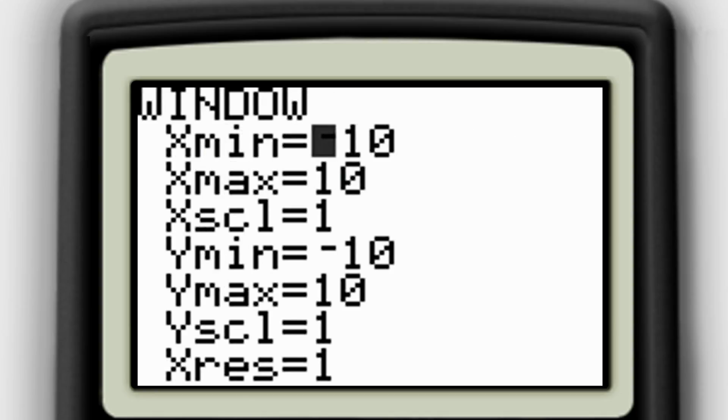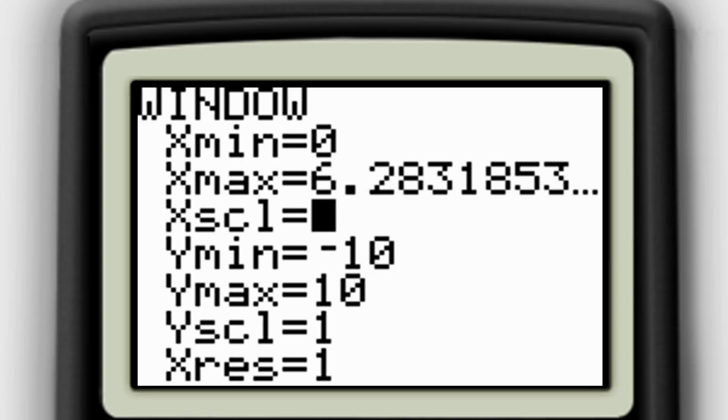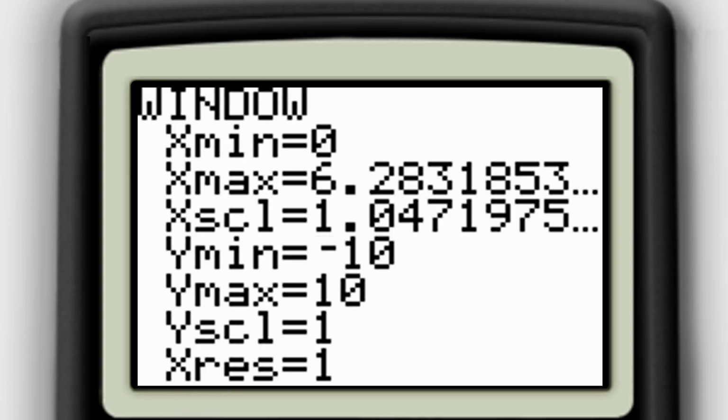We're essentially trying to look for solutions on the interval from 0 to 2 pi, so we'll take x min from 0 to x max 2 times pi. For the x scale, let's take pi over 3, so on our x-axis, we'll count in increments of pi over 3. And y min will go from negative 3 to 3, and the y scale we can leave as 1.